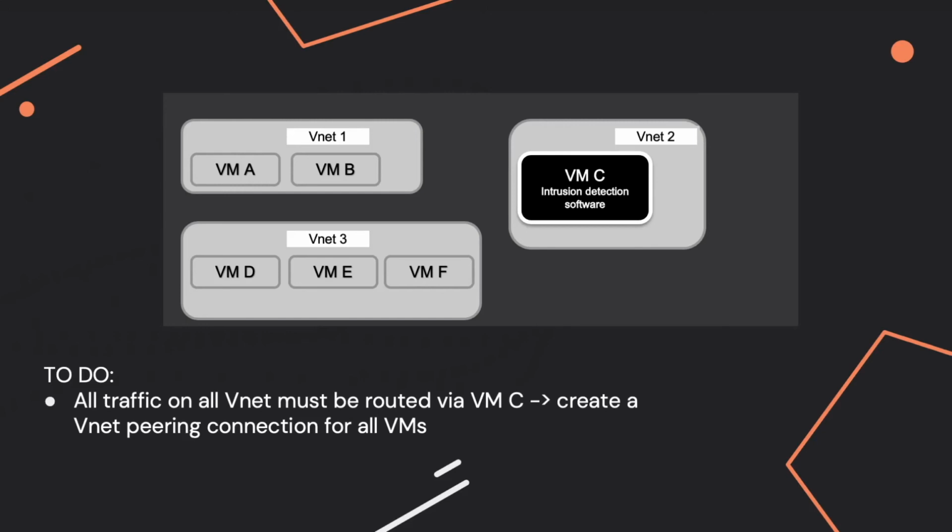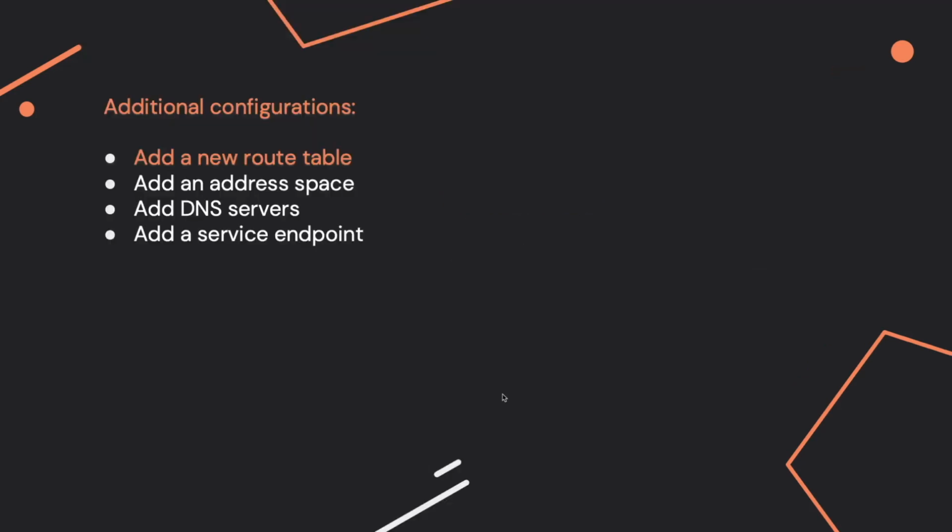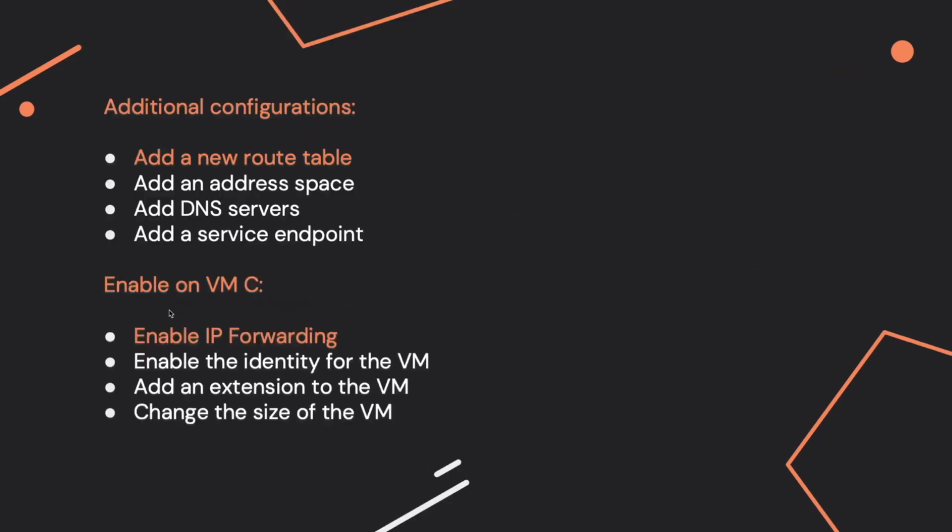So when we go back to our question, what we'll have to enable for virtual machine C, you can expect to see these answers. Either you enable IP forwarding or the identity for the virtual machine, or you'll have to add an extension to the virtual machine or change the size of the virtual machine.